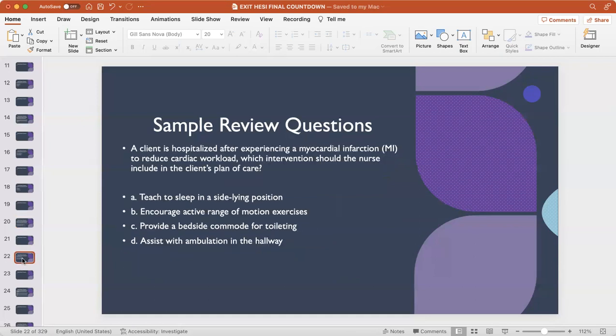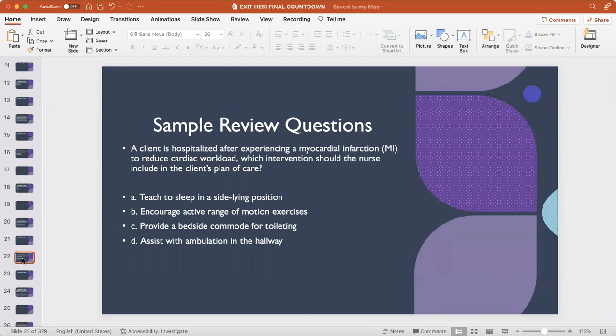All right. A client is hospitalized after experiencing an MI. To reduce cardiac workload, which intervention should the nurse include in the client's plan of care? A, teach to sleep in a side-lying position. B, encourage active range of motion exercises. C, provide a bedside commode for toileting.